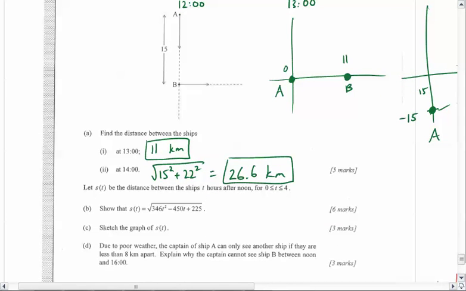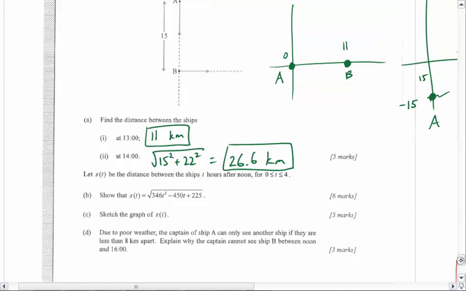Now we can find a general formula for the distance between the ships from 0 to 4 hours. So where will ship A be at?